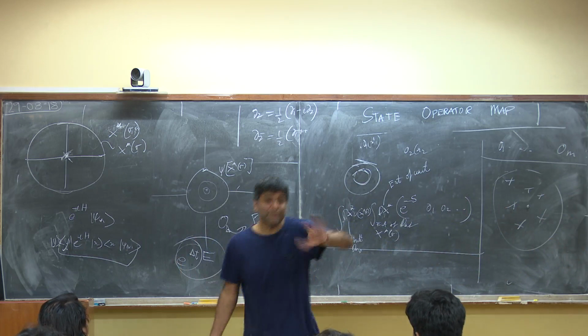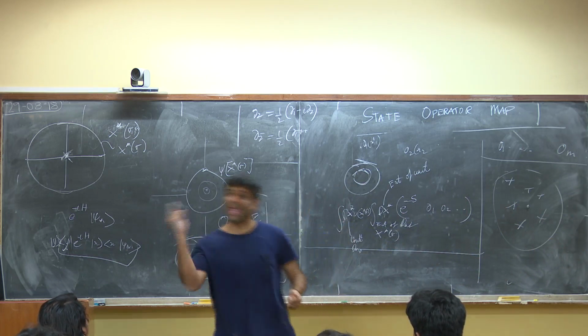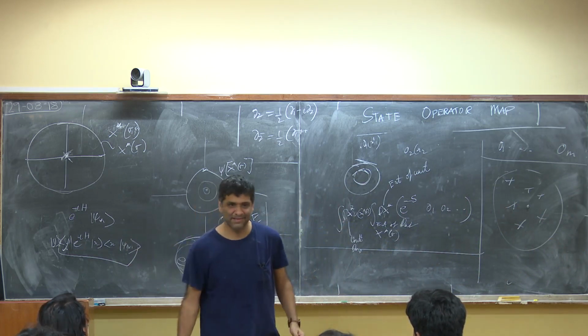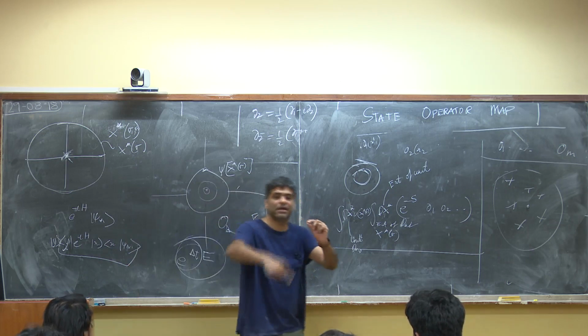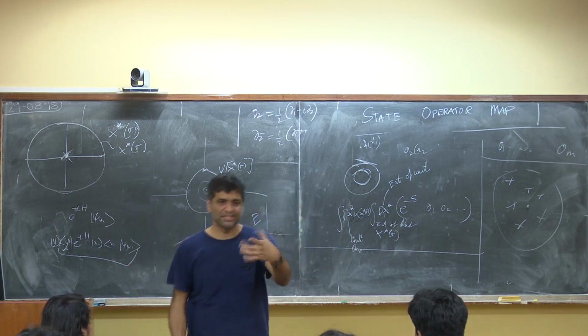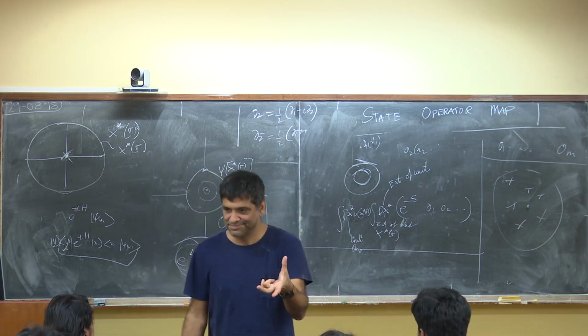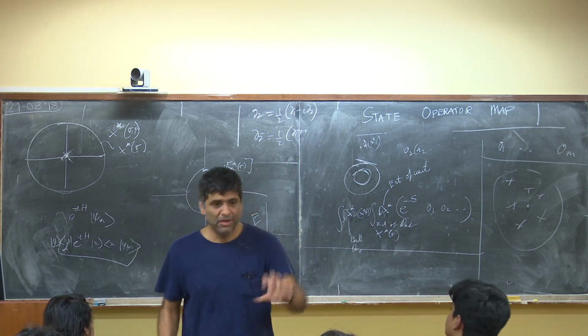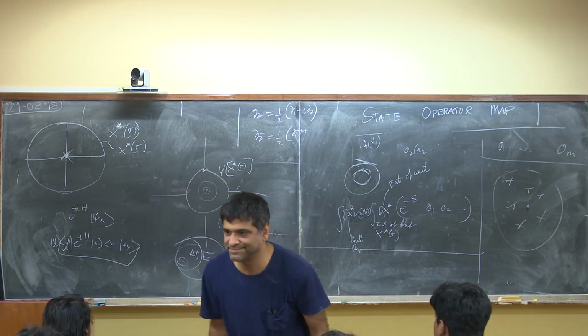Moreover, the spins of the operators will map to the angular momentum of the states. That just comes from the fact that translation in sigma on the cylinder, which is angular momentum, was rotation on the plane.